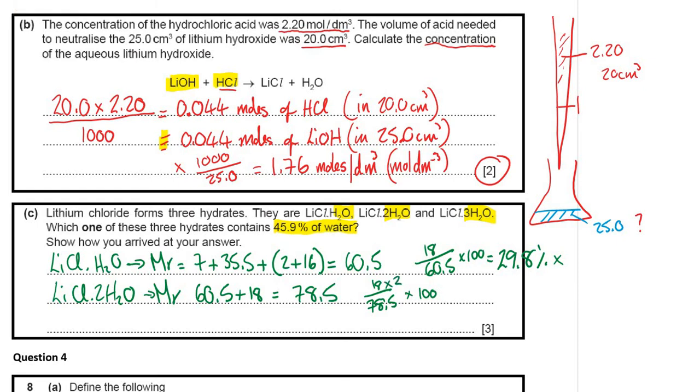Times it by 2, because we've got 2 waters. So we've got 18 times 2 here. And you will see that on the second attempt, we've got the answer. So we've got our 3 marks. We don't need to do the third one, obviously, because we found the answer.